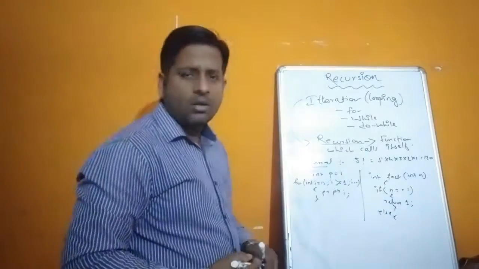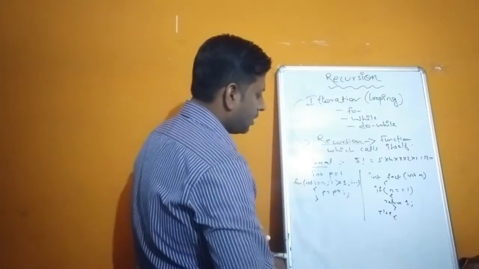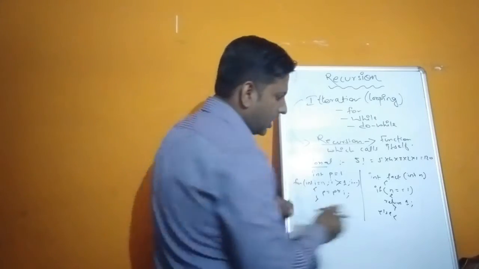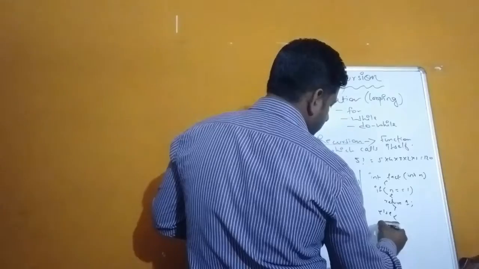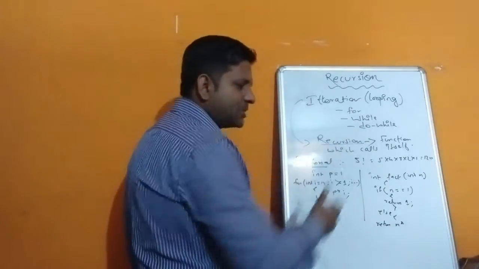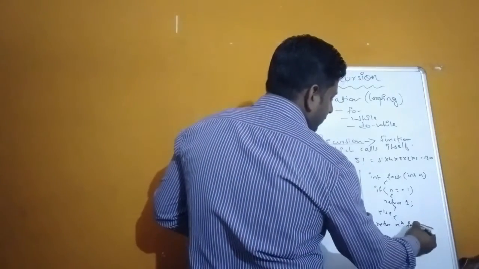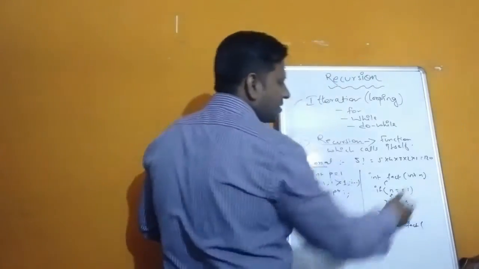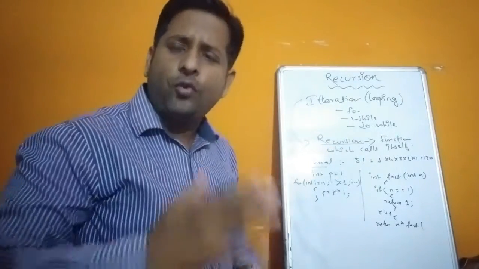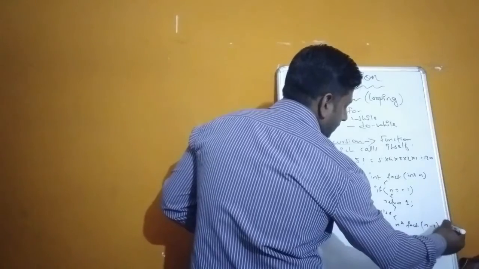Else, if the number is not 1, in that case there are some multiplications. So there will be return n into, where n is the number like 5, 5 into, then we need to call the function fact and pass the value like 5 into 4, 4 into 3, in decreasing order, so n minus 1.